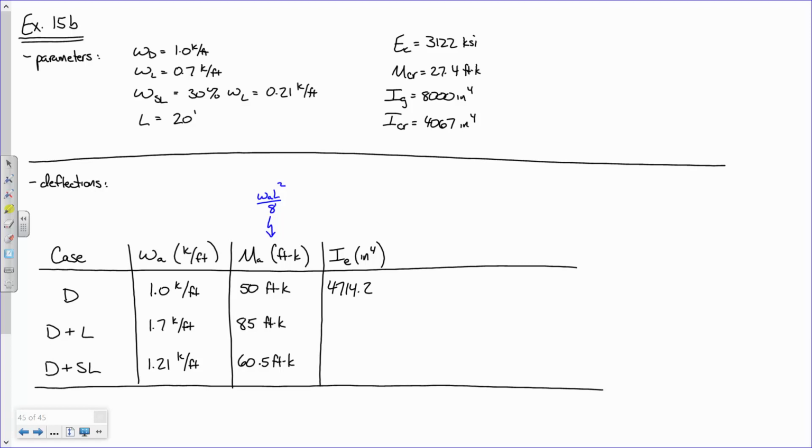It was like 4198.7. Now, how did you compute these? Well, you took MCR over MA to the third times IG plus, so on and so forth, right? So do the next one. Right? Here, I'll go ahead and write it out for you because I'm nice.